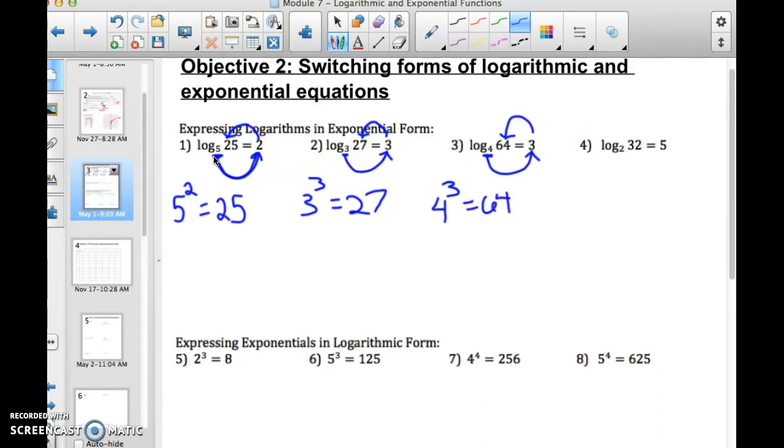And all this math is true. It works out the way that it does. And then finally, log base 2, so underline 2, draw an arrow to the power, and then an arrow to the output. These arrows really help me remember what goes where. So I underline the base, write the base, draw the arrow to the power, so I'll write the power next, and then my next arrow distinguishes what it equals, alright? So that's switching from logarithmic to exponential.